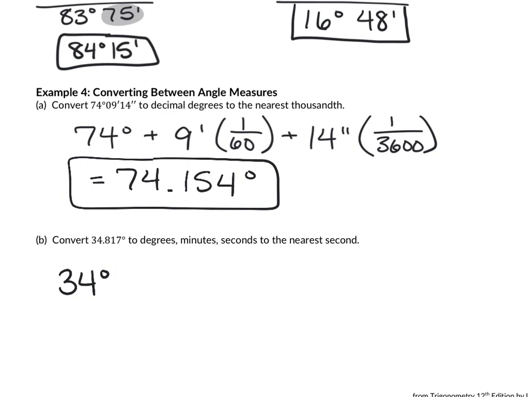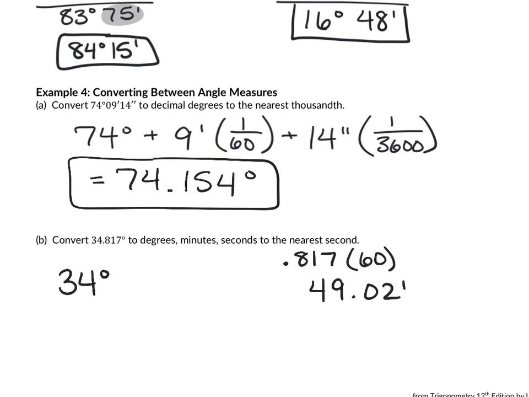So we take the 0.817 and we're going to multiply it by 60, which is the opposite. Since we did 1/60 to get to decimal degrees, we do times 60 to get out of decimal degrees. In your calculator, when you do 0.817 times 60, you should get 49.02 minutes.